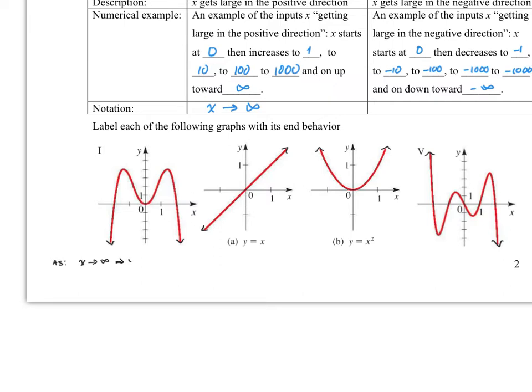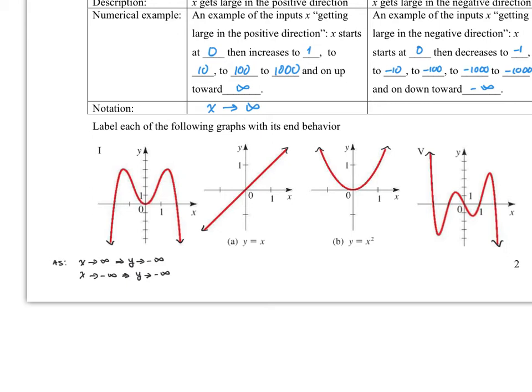This implies that y goes to -infinity. And also as x goes to -infinity, which is this direction, you can tell that y is also going to -infinity. So that's what we mean by end behavior.